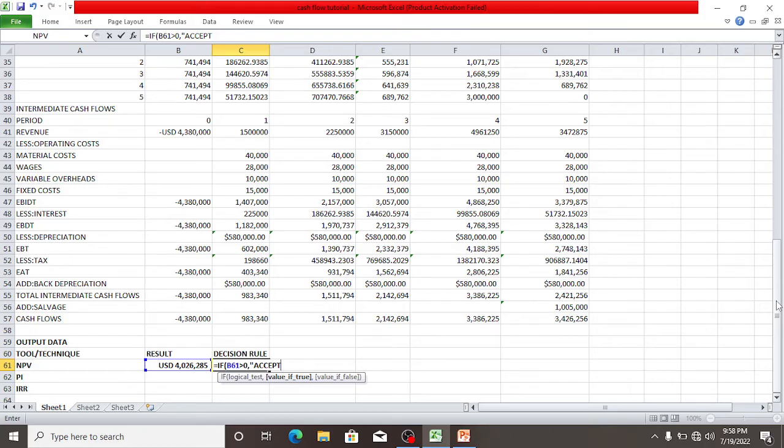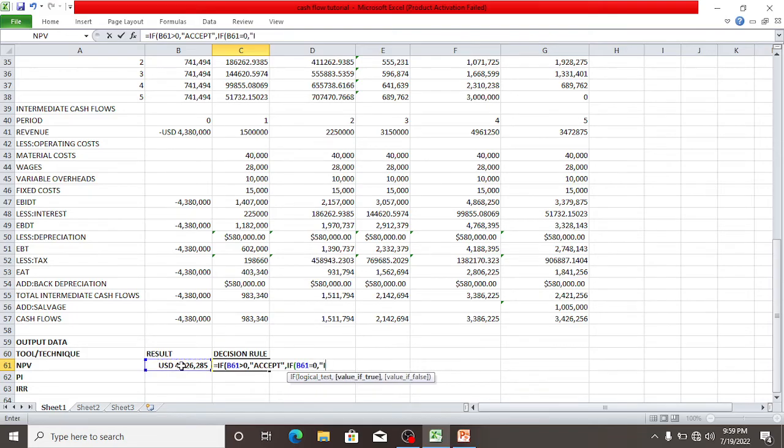Okay, there is another scenario. I'm going to open another if. The logical test, or the result, sorry, if this is equal to 0, the decision is it is indifferent.